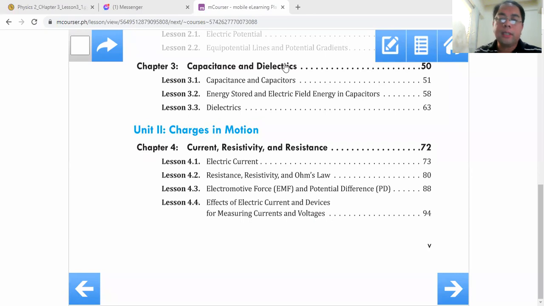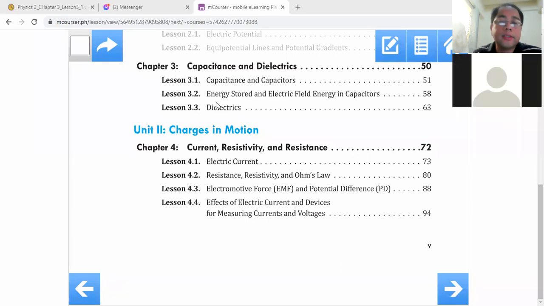So we just completed part 2 of our lesson on capacitance. We will just discuss in passing this thing that we call dielectrics.